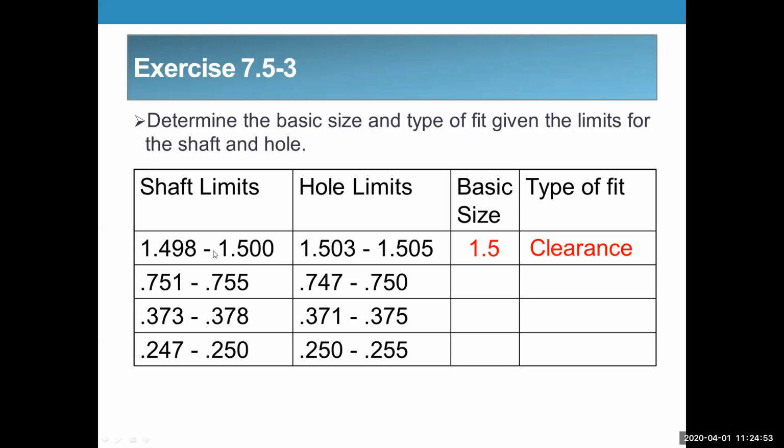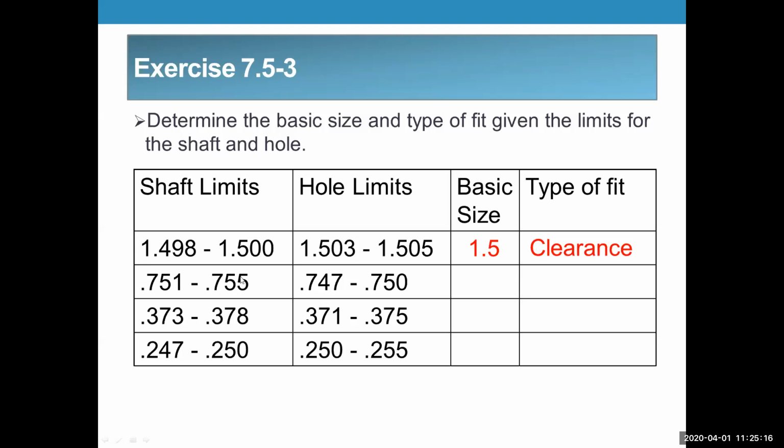You know these are going to be clearance because this is the largest hole and the smallest shaft. If the opposite is still clearance, then you know that these are going to be clearance too. So I look at the largest shaft and the smallest hole first to find out what I've got, and then I look at the other two.